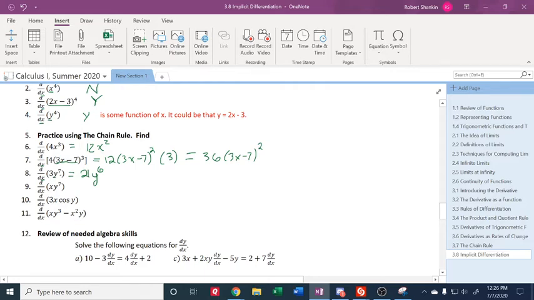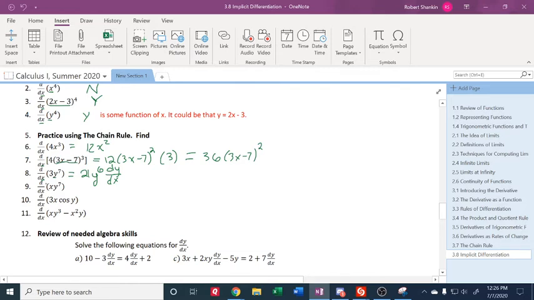How do I write that? dy dx. It's going to look like that. Is that it? That's it. So this one has to have the chain rule, but the chain rule looks really strange. It's got this dy dx in it, but that's what's going to happen.